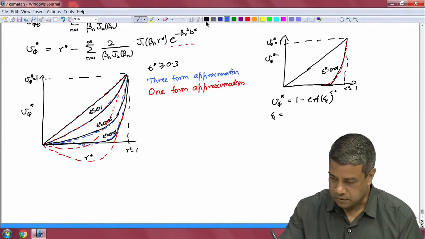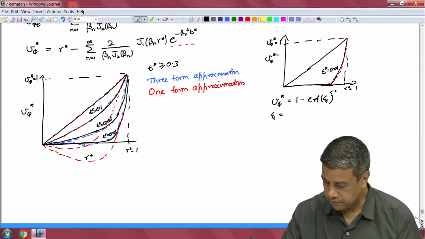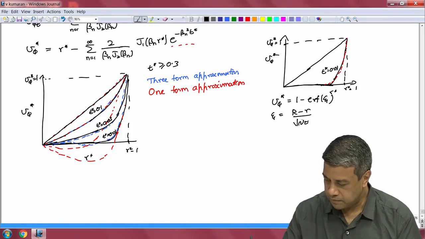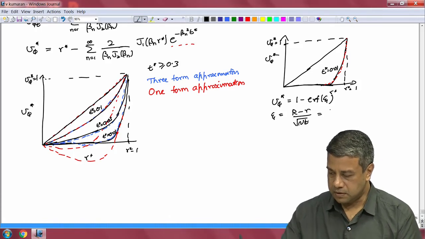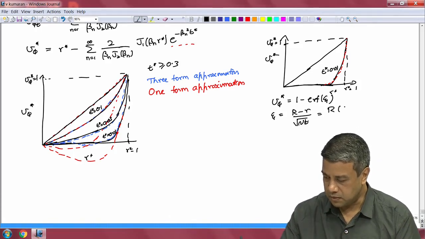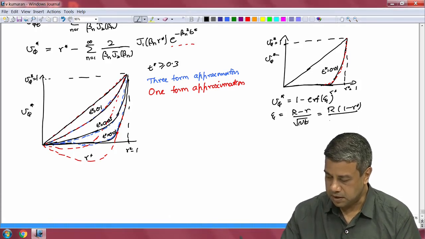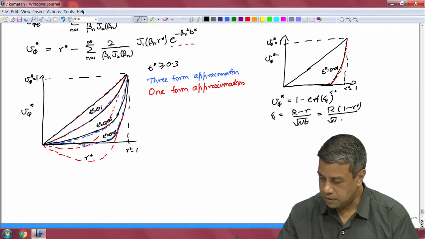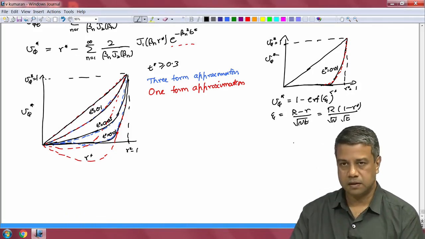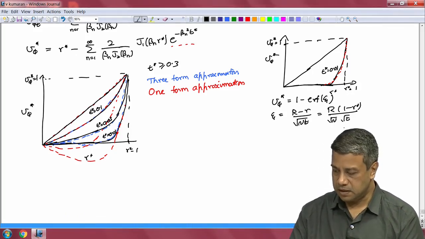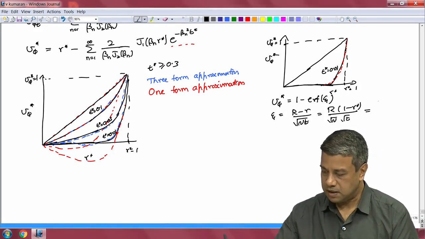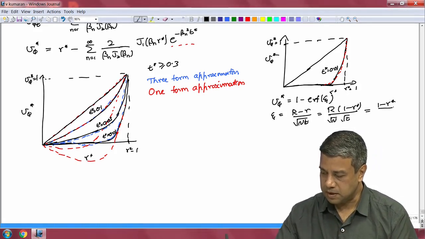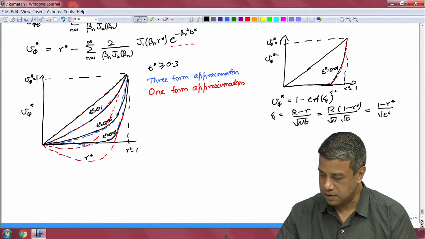I can also write this as R into 1 minus r star by root of nu root of t, and this nu t by R square is the scaled time. So, this is 1 minus r star by root of t star.